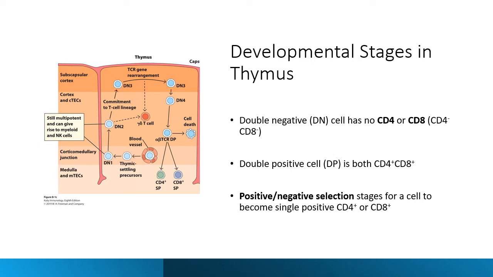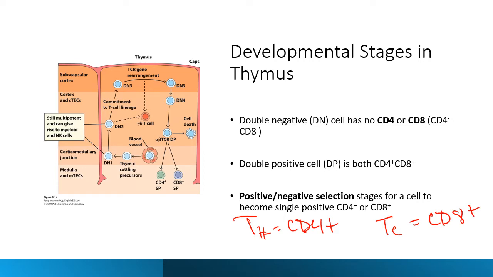Ultimately, our goal is to get them from being double negative cells. They will pass through a temporary time period where they're double positive and they will express both CD4 and CD8. But ultimately, we need them to commit to one of those two types, either CD4 positive helper T cells, TH cells, or cytotoxic TC cells, which are CD8 positive.